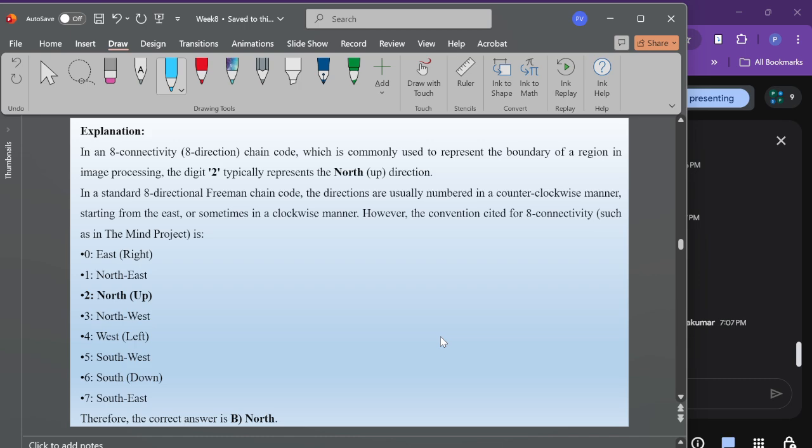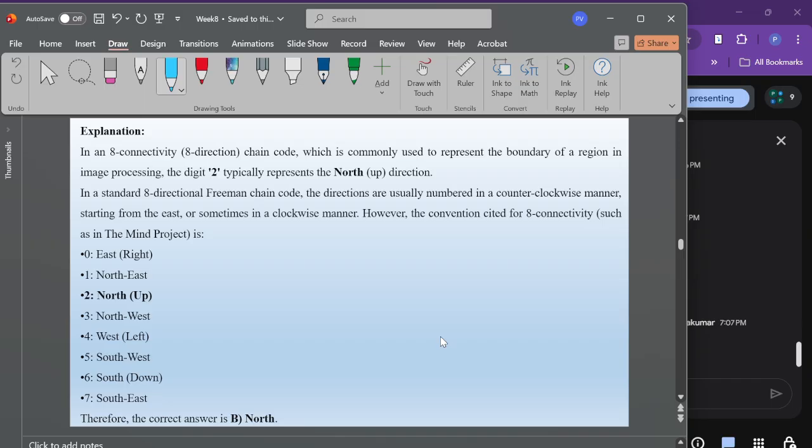So here we have added the detailed description. In 8-connectivity or 8-direction chain code, which is commonly used to represent the boundary of a region in image processing, the digit 2 typically represents north, that is the up direction. In the standard 8-direction chain code, the directions are usually numbered in a counterclockwise manner starting from the east, or sometimes in a clockwise manner.